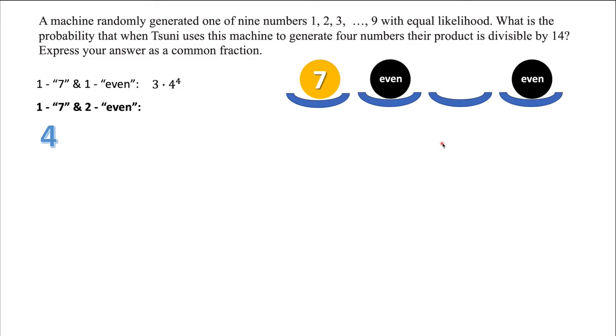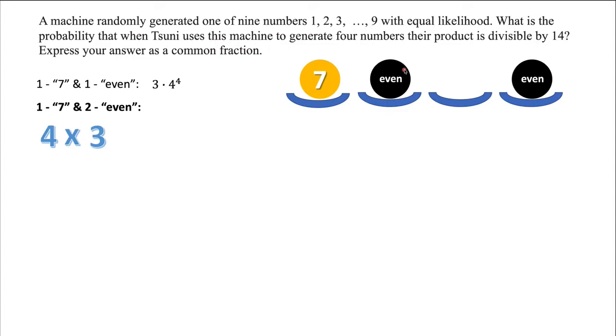So essentially we're asking, how many ways can I position 2 even balls into 3 spots? And the answer is there are only 3 ways to do it. But now we need to remember that one even ball is 4 possibilities. There are 4 even numbers.